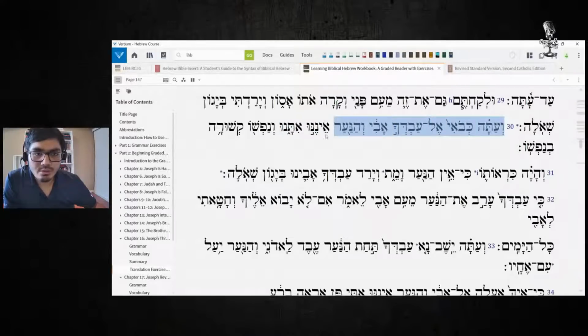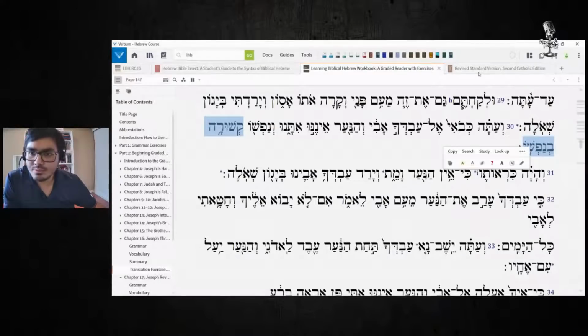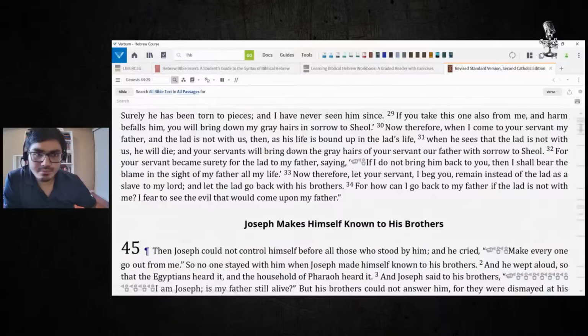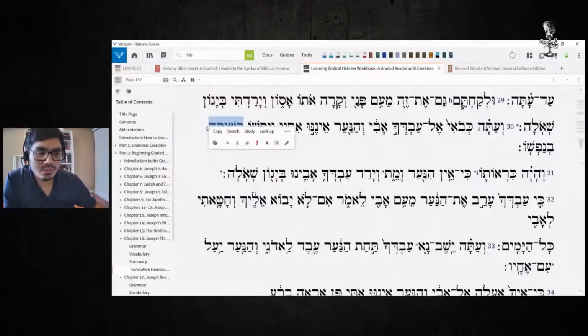So if we return to our father and the young man is not with us, and his life, kshura b'nafsho, his life is bound up with the lad's life. So kashura, passive participle from kashar, his soul is bound up with his soul.